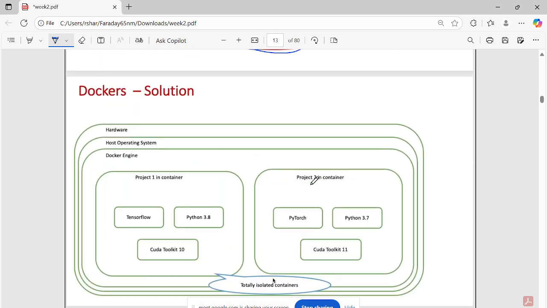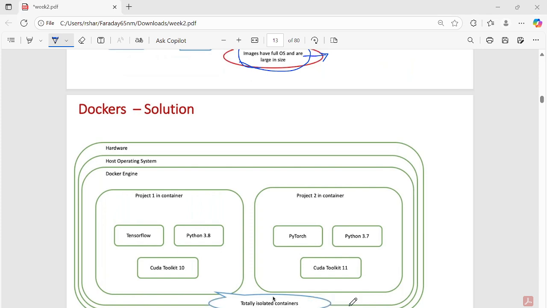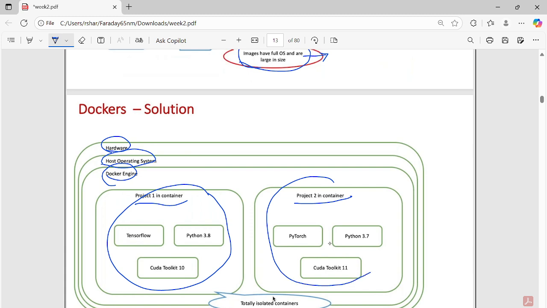So in Docker, we have the hardware, host operating system, and a Docker engine. So we have the project one container, and the project two container, each with its own framework, and it's totally isolated.